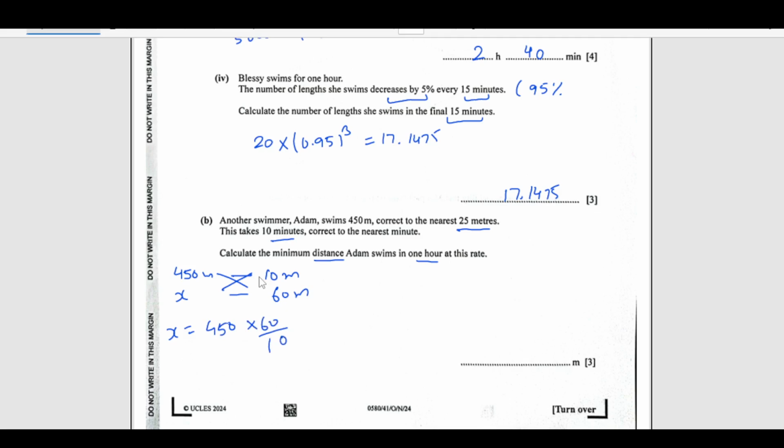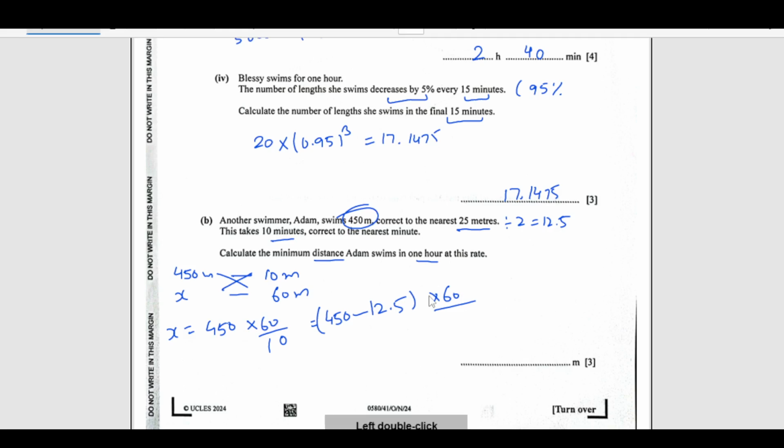Now, as we are looking for the minimum, we have to take the lower bound. So 450 minus 25 divided by 2, which is 12.5. So minus 12.5 gives us the minimum value, and times 60.